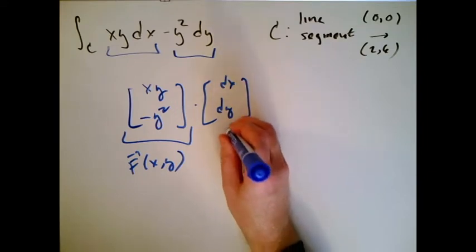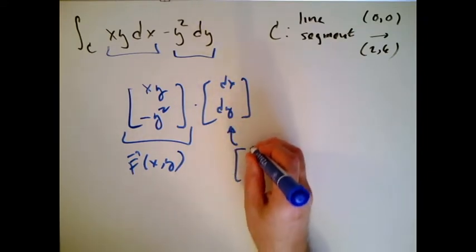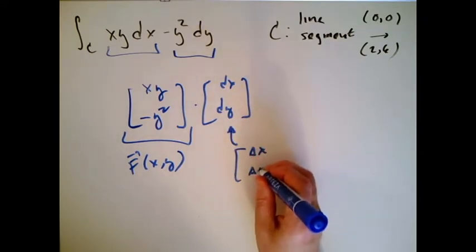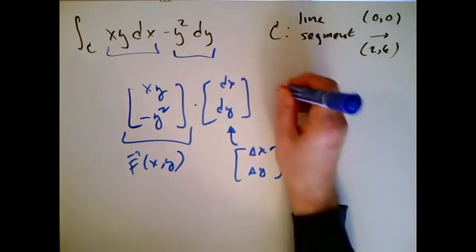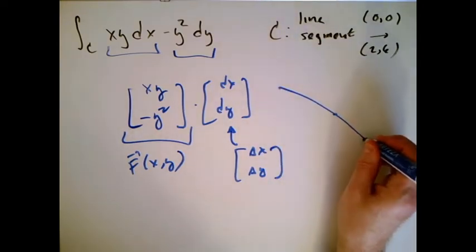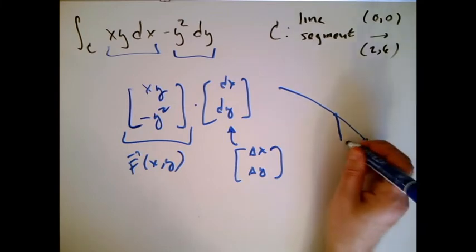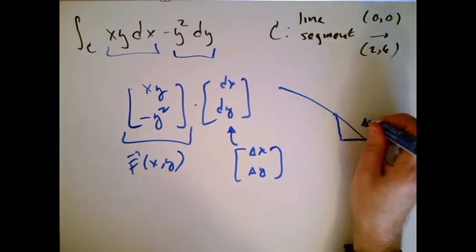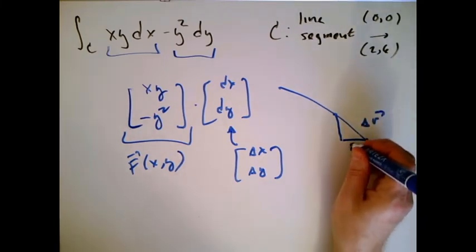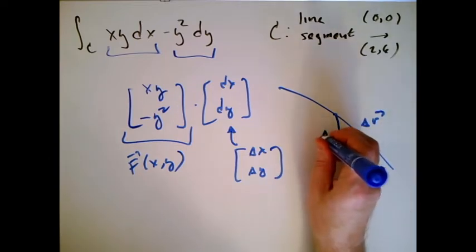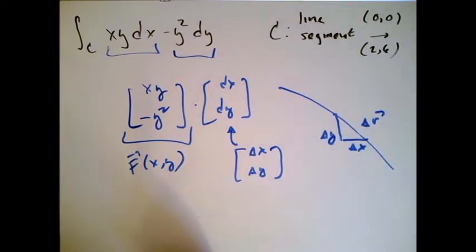This actually comes from a notation before we take the limit, delta x, delta y. The idea is if we have a curve and we have a point from here to here, we're calling this delta r out here, but that's just delta x i plus delta y j. So this really is dr vector, this really is F of x, y, so it really is a line integral.